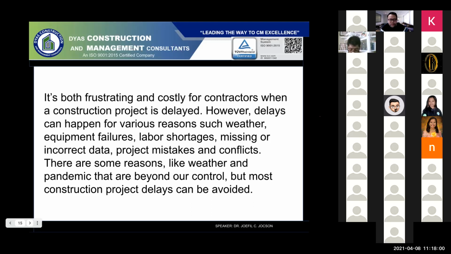However, delays can happen for various reasons such as weather, equipment failure, labor shortages, missing or incorrect data, project mistakes, and conflicts. There are some reasons like pandemic, no, and weather that are beyond our control, but most of the construction delays can be avoided. Okay, as I mentioned a while ago, it can be avoided.